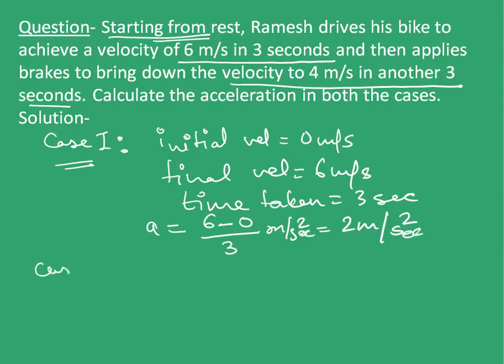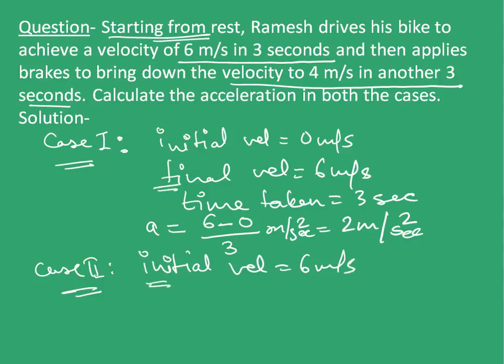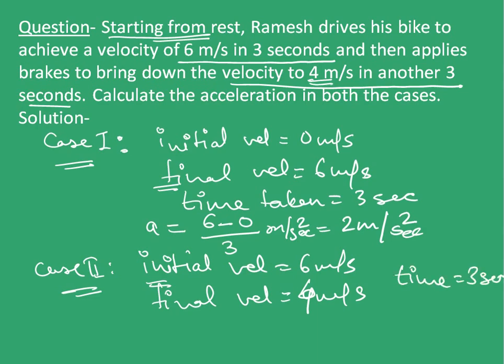In case 2, his velocity initially is 6 meters per second, because the final velocity that he achieved in case 1 will be his initial velocity in case 2. Here the final velocity is 4 meters per second because he brings down the velocity to 4 meters per second, and the time taken is 3 seconds.